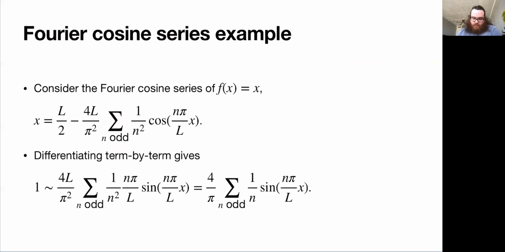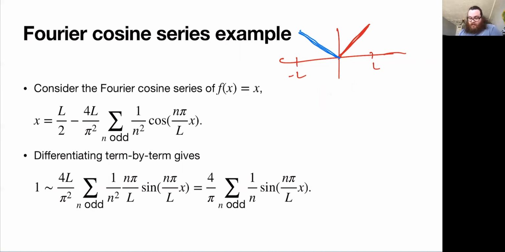So what does this look like in practice? Let's consider the Fourier cosine series of x. We're defining x on the interval 0 to L. If we want a Fourier cosine series, we take the even extension, so it's going to look like that. Really, the function that we're working with is the absolute value of x, at least for this interval.